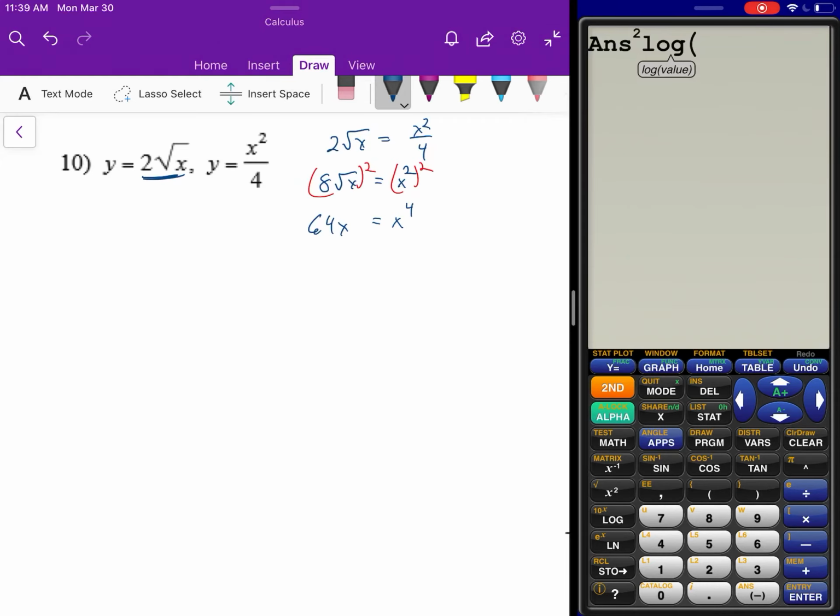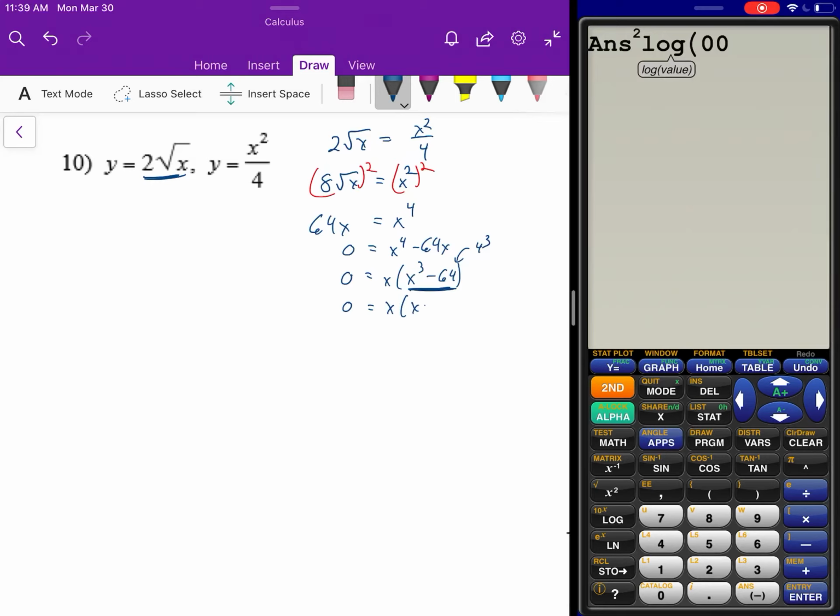And solving this, we could subtract 64x from both sides and factor out an x. And you have x times x cubed minus 64, which, if you remember from before, is a difference of cubes because 64 is 4 cubed.